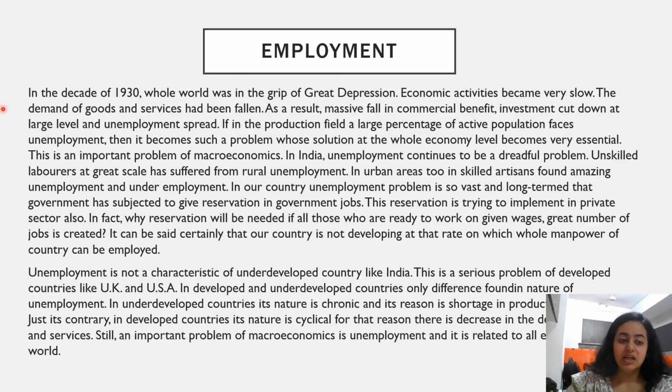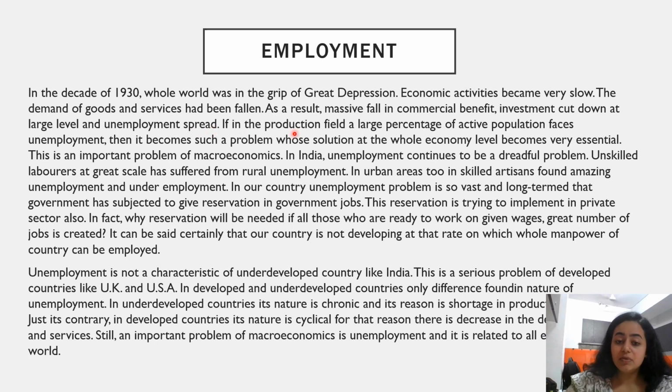Employment. In the decade of 1930, the whole world was in the grip of the Great Depression. Economic activities became very slow. The demand for goods and services had fallen. As a result, there was a massive fall in commercial benefit, investment was cut down at a large level, and there was high unemployment.